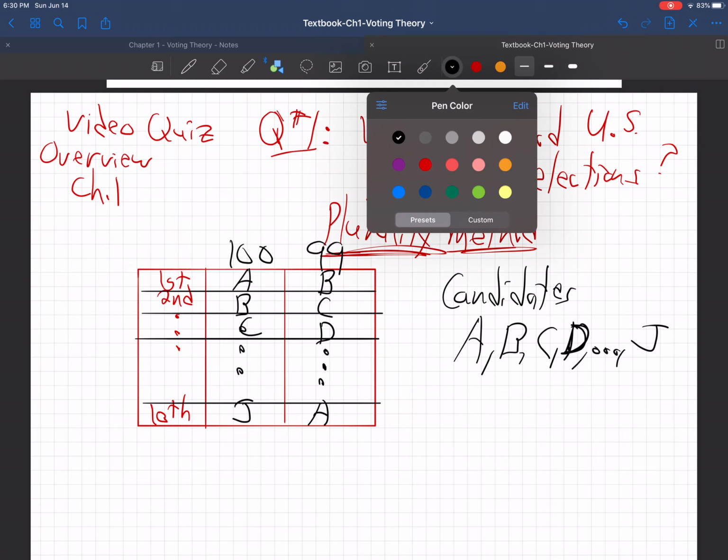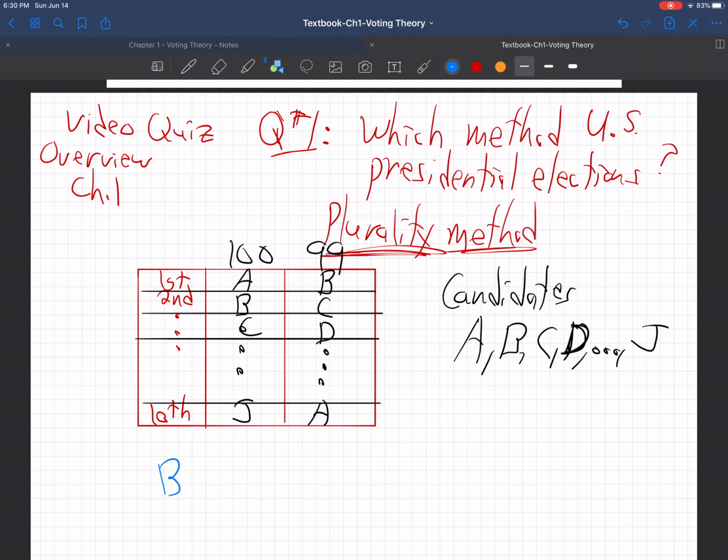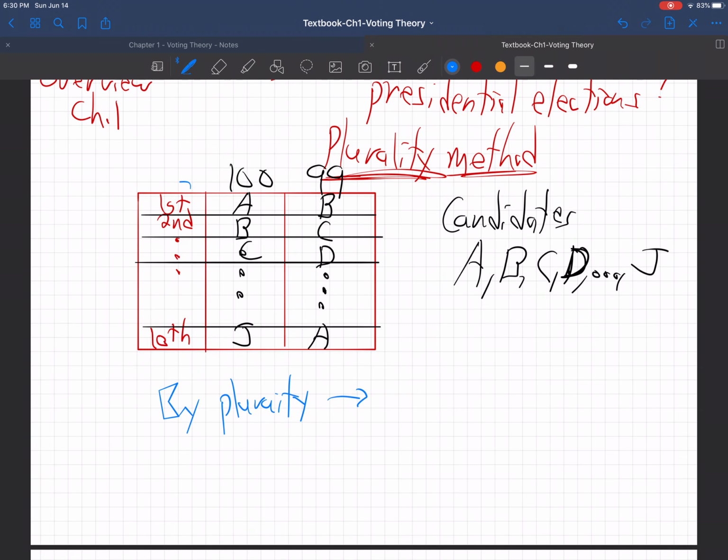So in the plurality method, who's going to win this election? Who had more first place votes? 100 people put A first, and 99 people put B first. So A wins.